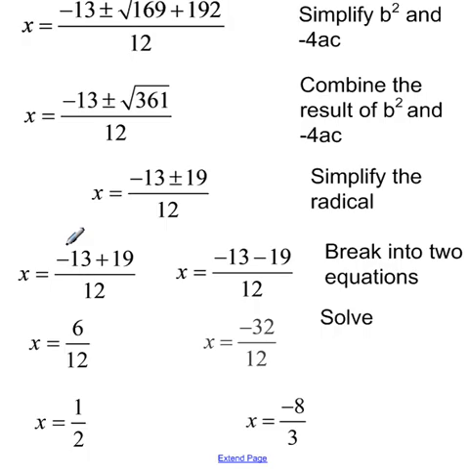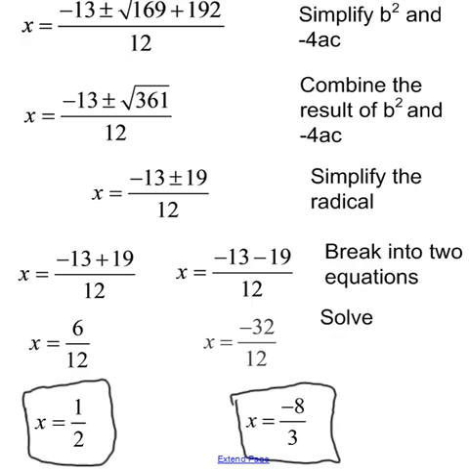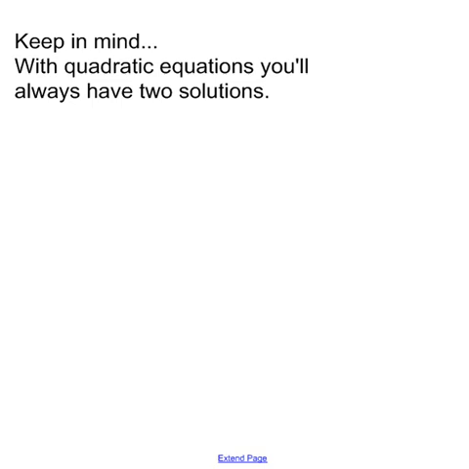So we get x equals 1/2, or x equals negative 8 over 3. Keep in mind that with quadratic equations, you'll always have two solutions. And we will talk a little bit more about this at the end of the video as to why.